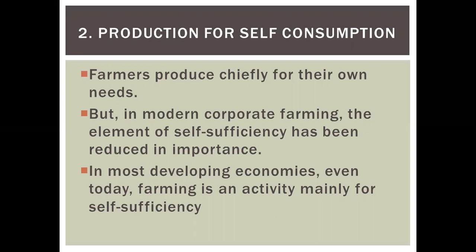So self-sufficiency doesn't appear to be the main objective. But barring such modern corporate farming, which is very little in our country, the majority of farmers produce things for their own needs. And this is an important peculiarity of the agriculture sector. In most developing economies, even today, farming is an activity mainly for self-sufficiency.